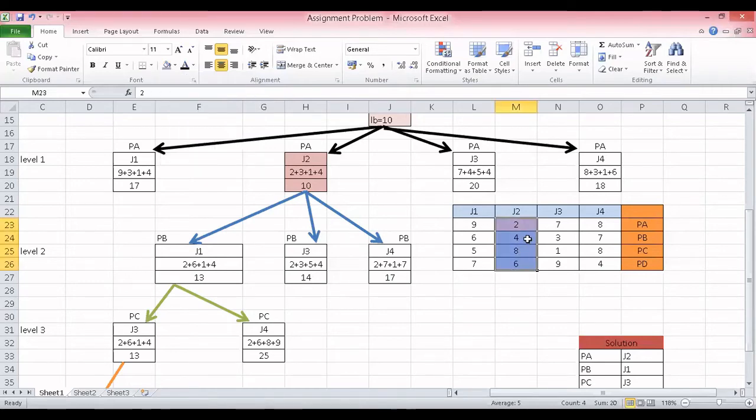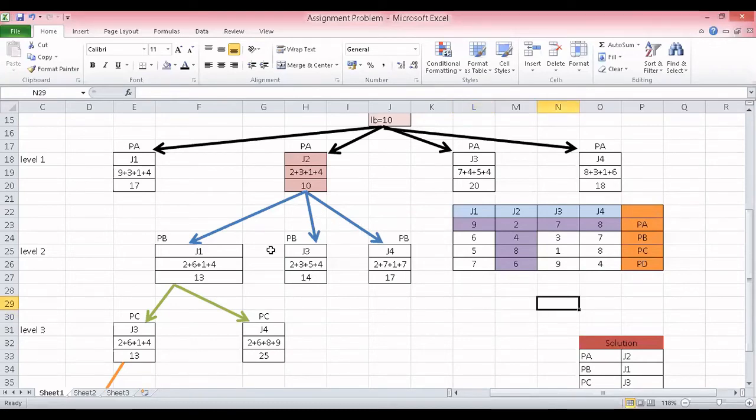Person A also I will highlight because I have finished with person A. I am not going to make any alteration to the job 2 column and person A row, because job 2 is already assigned to person A. So I highlighted with one color, purple.